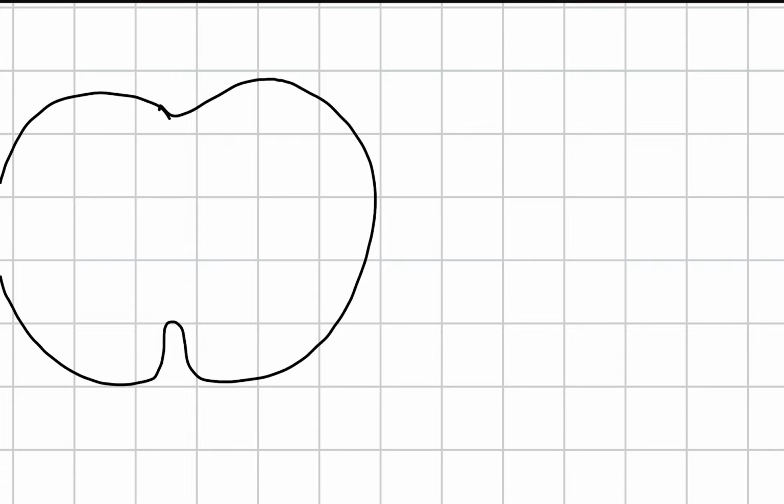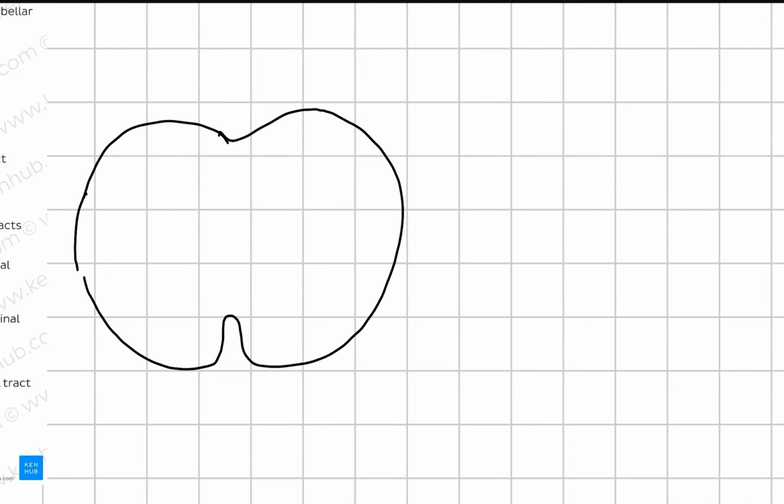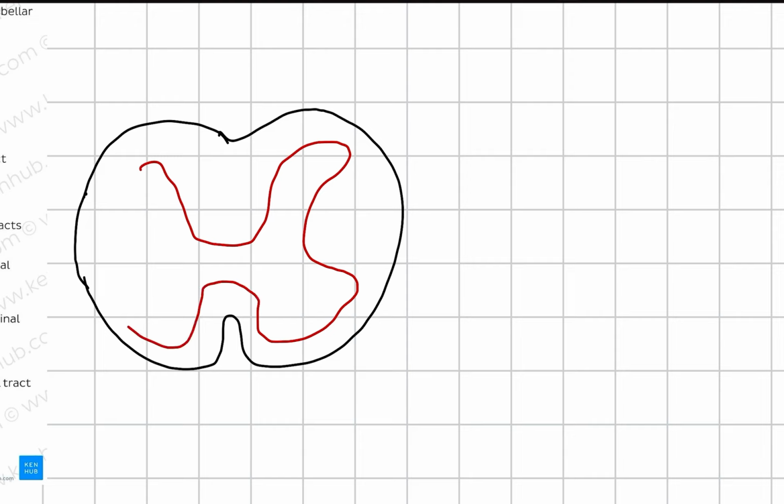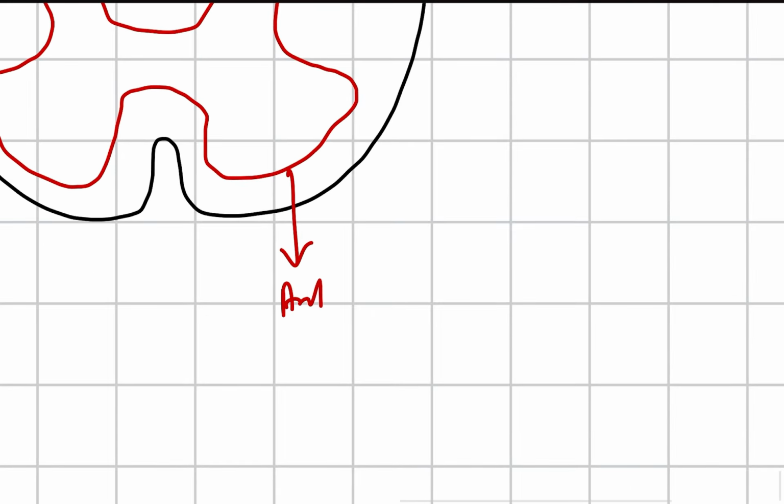This is a rough diagram of the vertebra and spinal cord, and this is the posterior horn, this is the anterior horn, and this is the lateral horn.